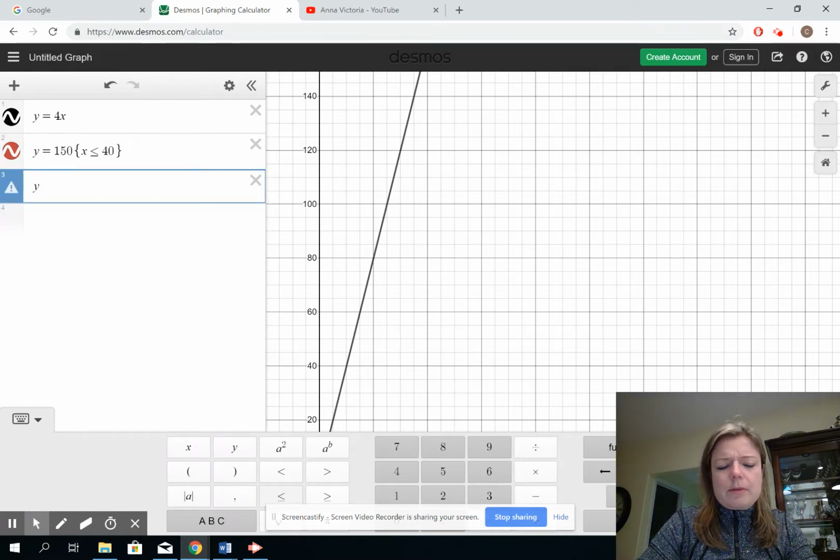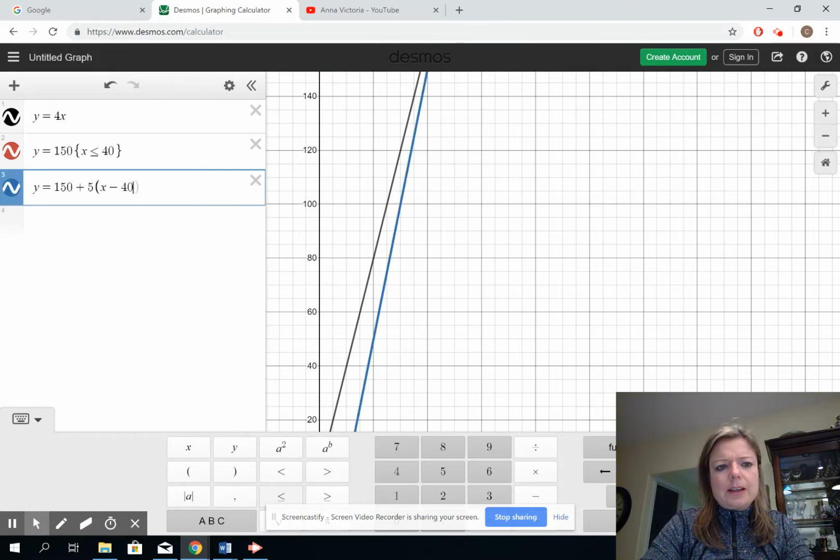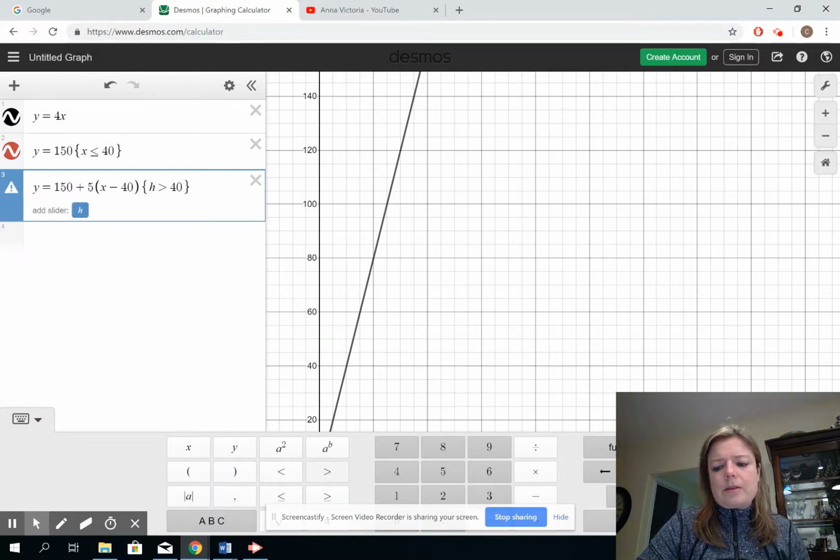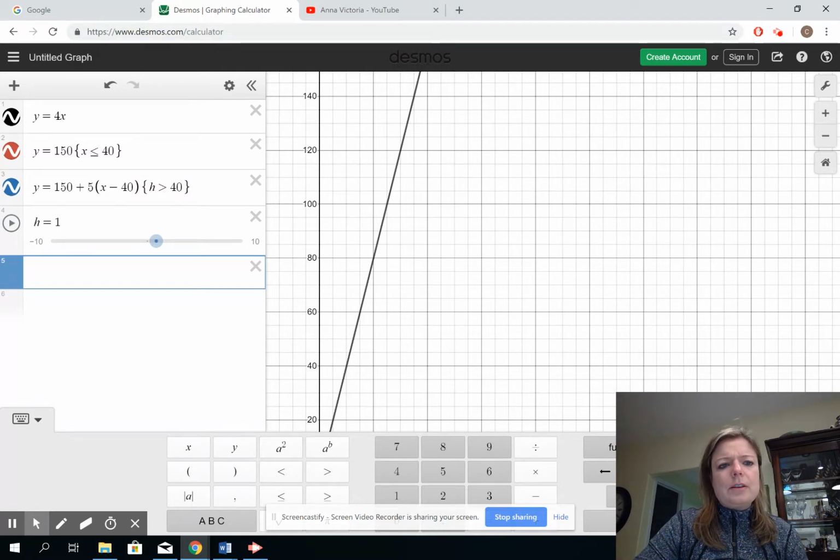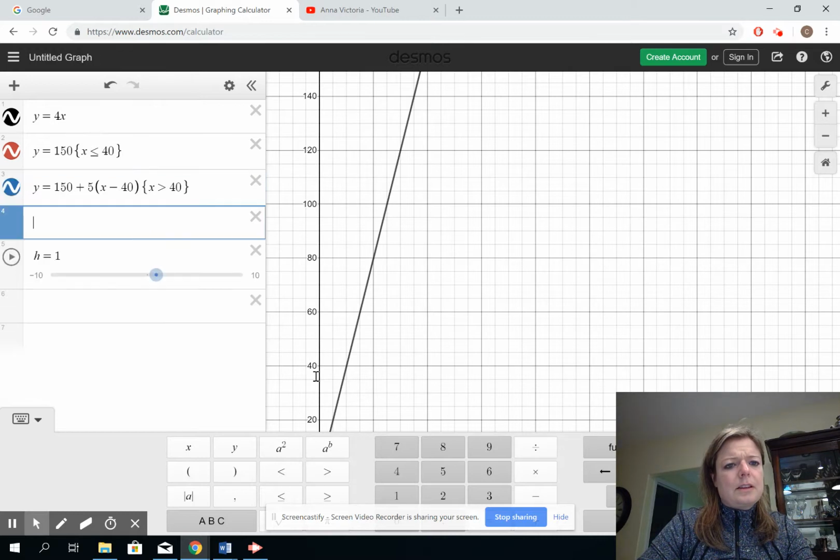And then y equals 150 plus 5 times (x minus 40), curly bracket, for all x greater than 40. Oops, I didn't mean h there, I meant x. There we go.